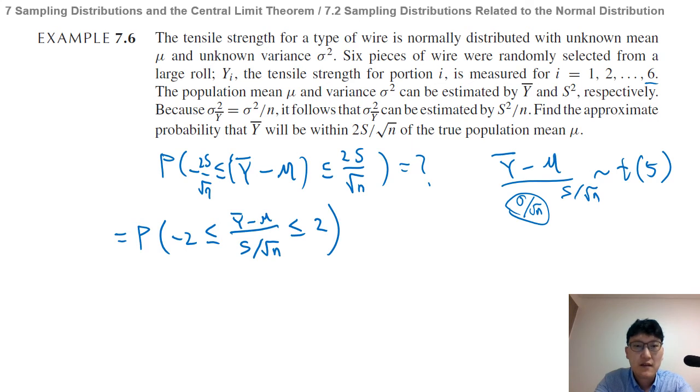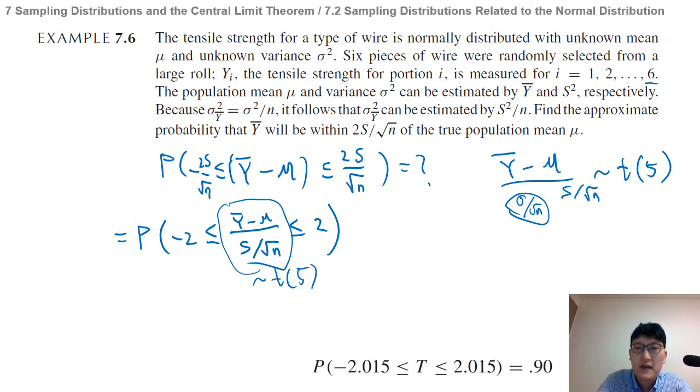Then this thing follows a t distribution with degrees of freedom 5, and from the appendix table for the t distribution, we know this thing. So we can say that our approximation of this probability is about 0.9 or something.